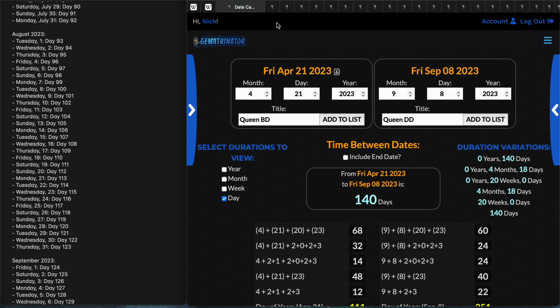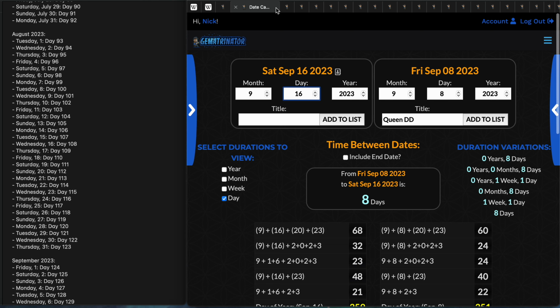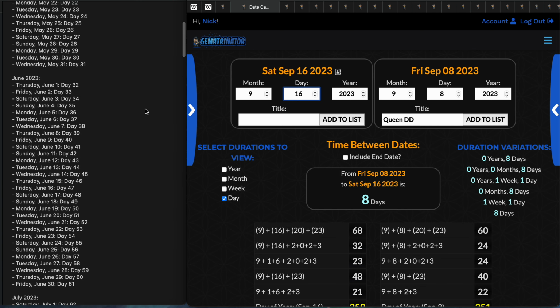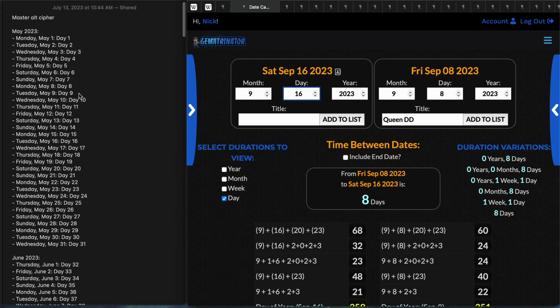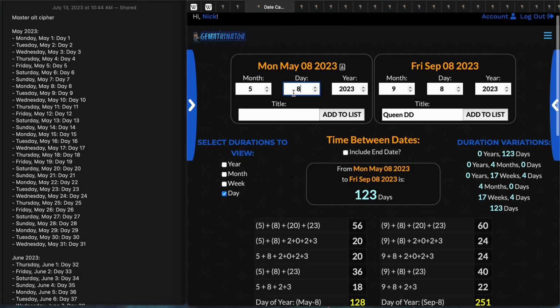This is 100% the playbook. This is how it works. 140 days, subtract 1, excuse me. You come to this date. You measure, you have 8. Go back again. Day 8. You measure once again.